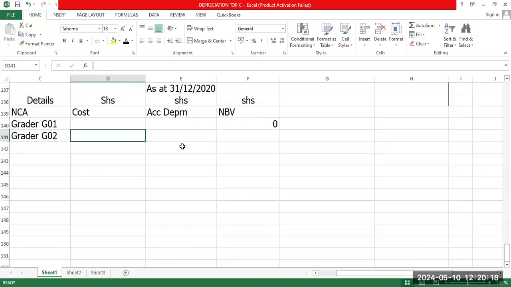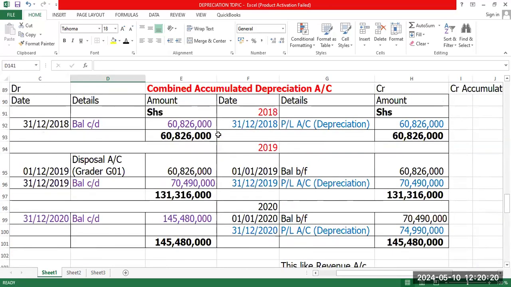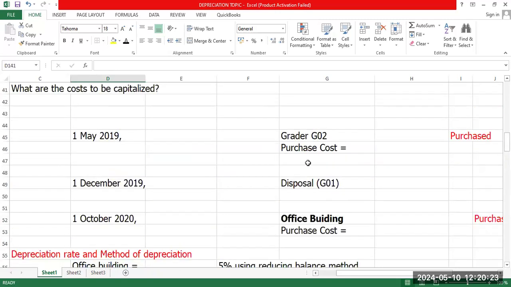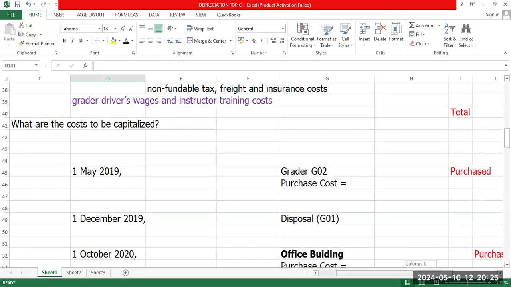What was the cost of grade 2? Colleagues, are you still on?